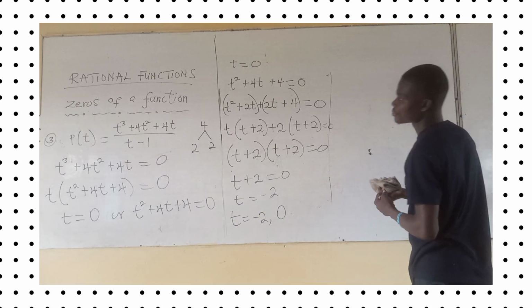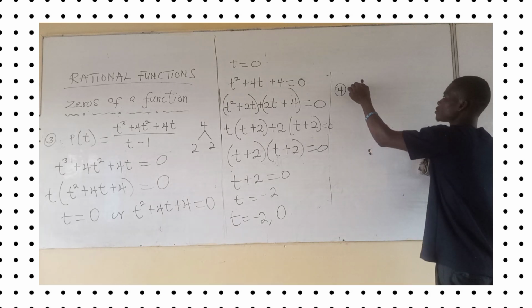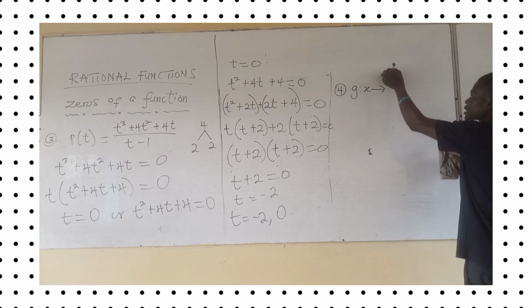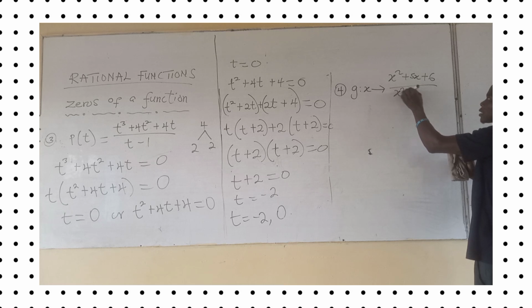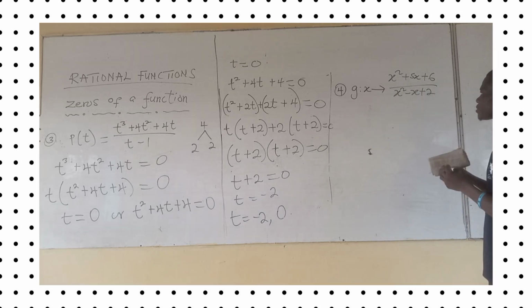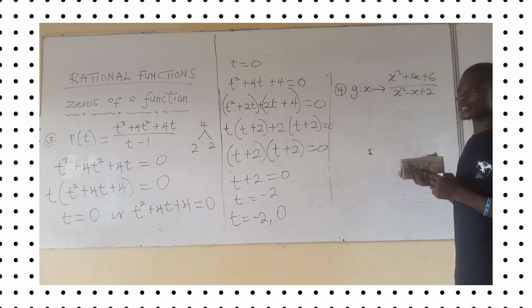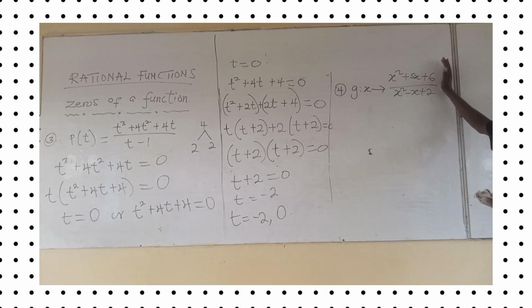Problem number 4 is, find the values of s that make the function s squared plus 5s plus 6 all over s squared minus s plus 2 defined. What values of s make the function g of s equal to s squared plus 5s plus 6 all over s squared minus s plus 2 defined?